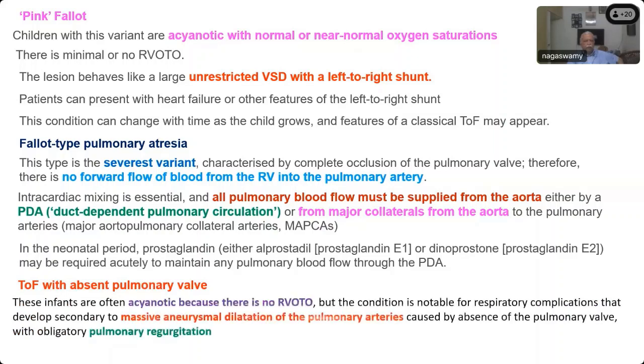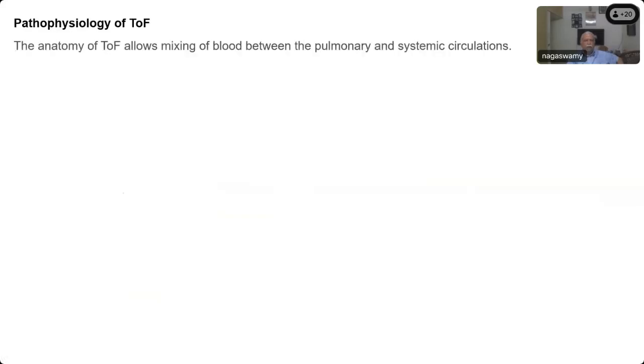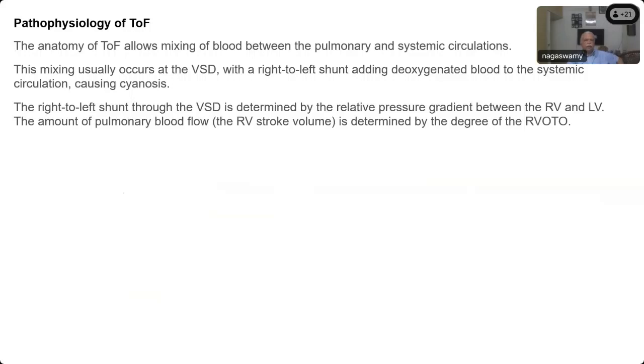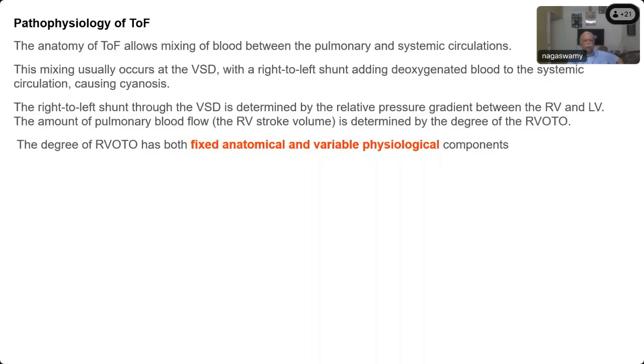And a common variant is absent pulmonary valve. This is the pathophysiology that is happening. The right to left shunt through the VSD is determined by the pressure gradient, another important thing, and the amount of pulmonary blood flow going into the circulation.